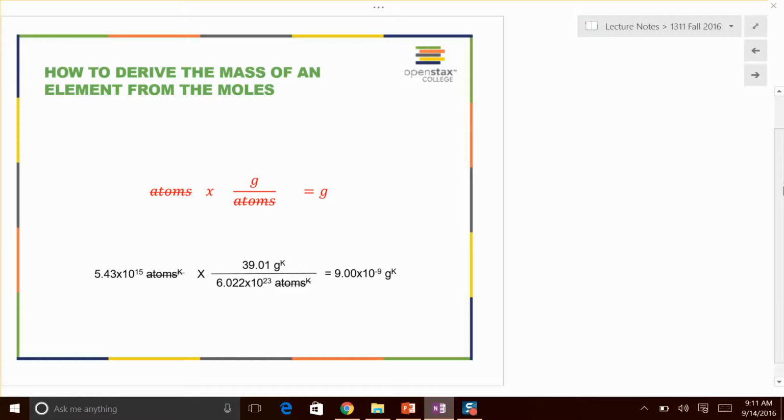So here, if I'm going from atoms to grams, I could go atoms to moles to grams. But I don't need to, because I can go straight from the atoms to the grams if I know what this atoms number represents. It represents 6.022 times 10 to the 23rd atoms of potassium.